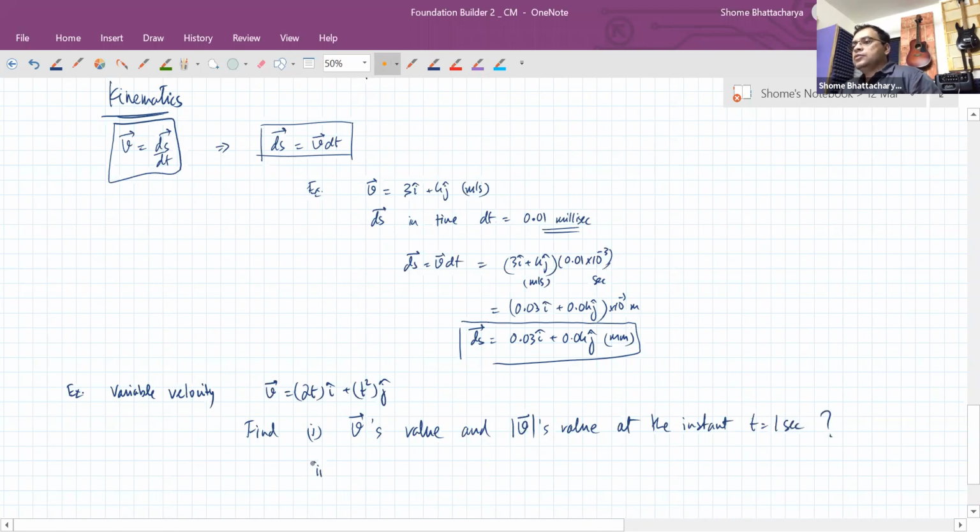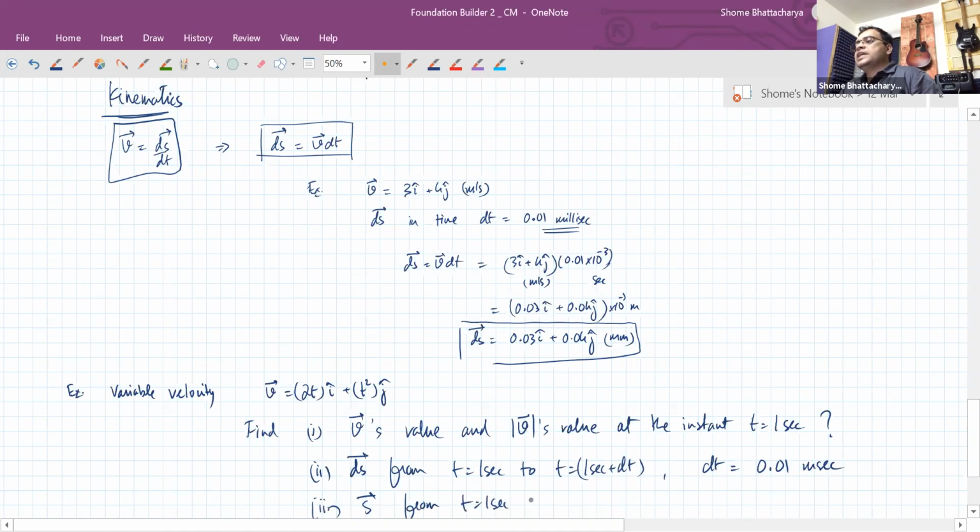Then I ask you the small displacement from t equal to 1 second to t equal to 1 second plus dt, where the time dt is this value. And then I ask you what is the total displacement from t equal to 1 second to t equal to 2 seconds.